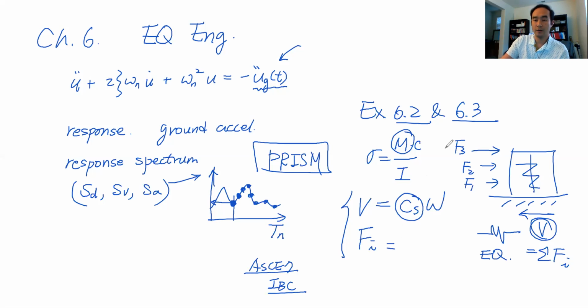And these Fs are the lateral forces on each floor level. And there is an equation to calculate this, it's K times V, right? So that we can distribute the entire base shear into the floor levels.